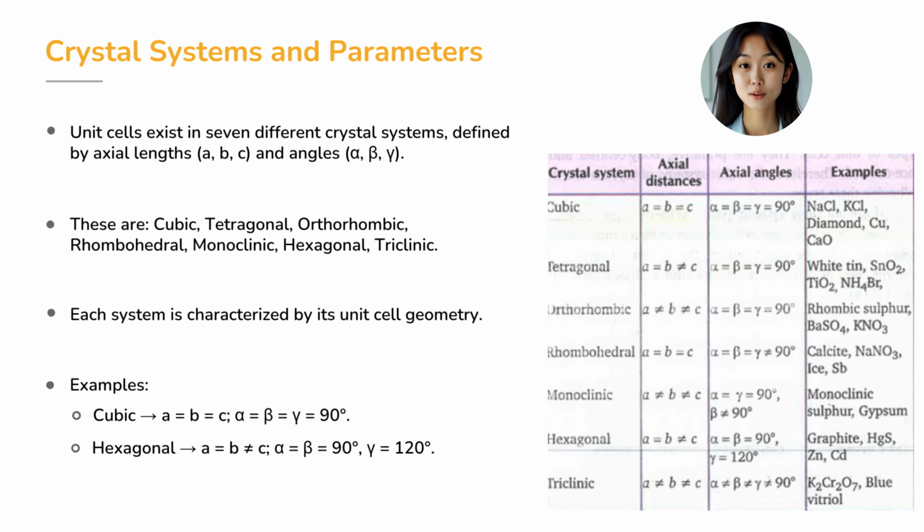Real-world examples include sodium chloride in the cubic system, potassium nitrate in the orthorhombic system, and graphite in the hexagonal system. These 7 families, called Bravais lattices, are the mathematical backbone of all crystals found in nature.